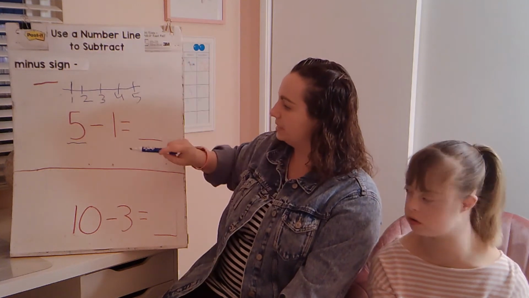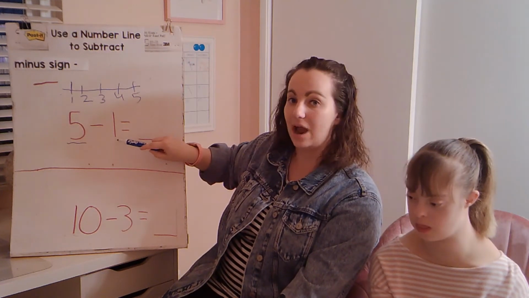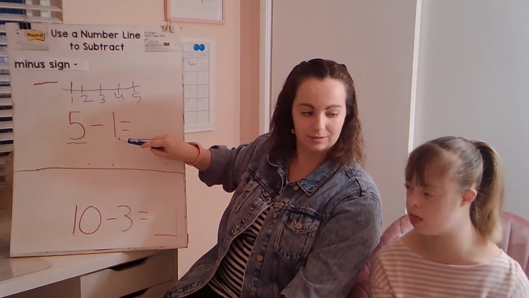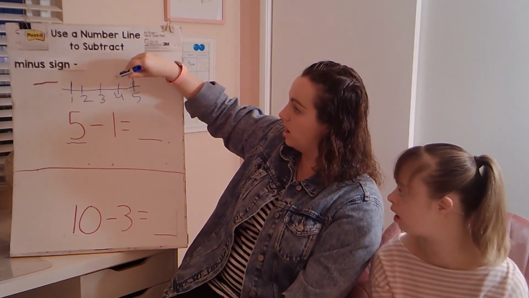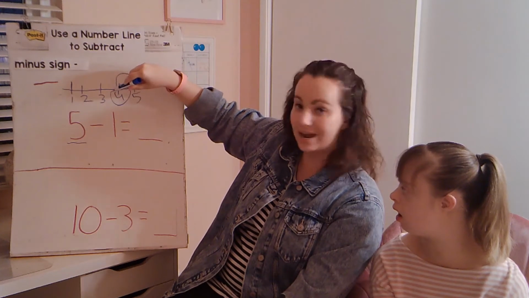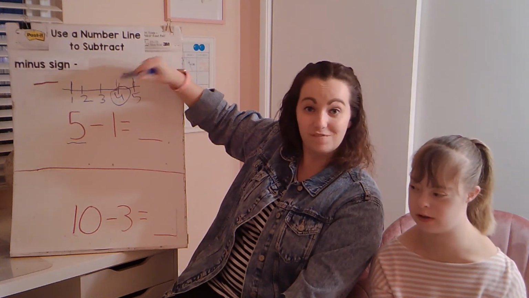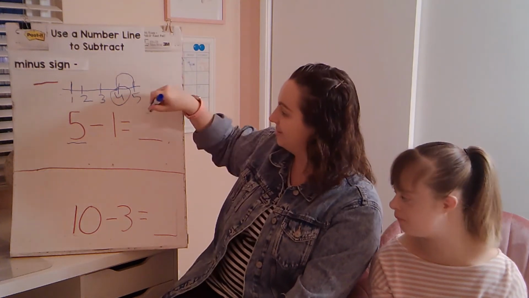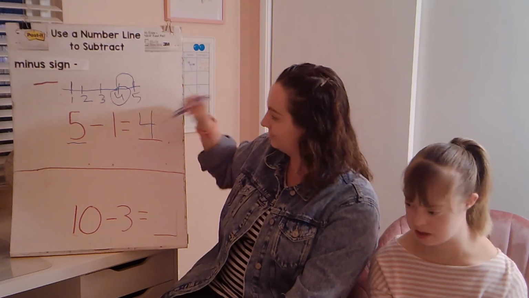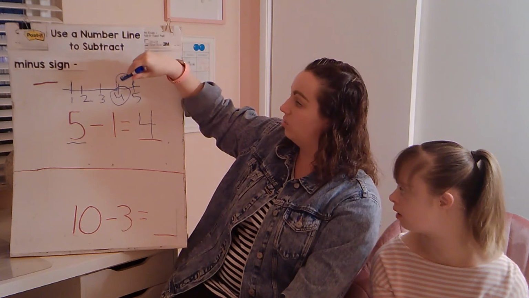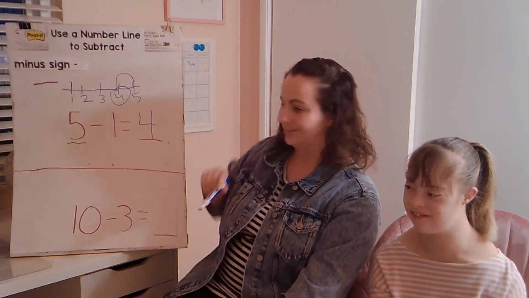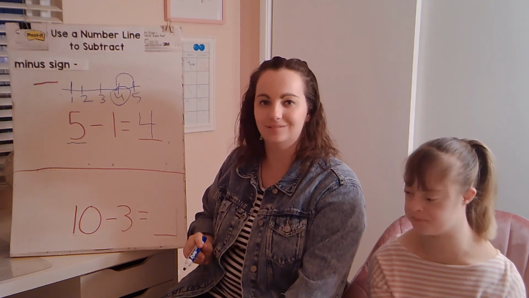How many spaces, Kaylee, do I need to count back to subtract? 1. Good. So I start at 5, go 1 back. What number did I land on? 4. Yes. So 4 is my answer. We started at 5, counted back 1 spot, to 4. And we found our answer.